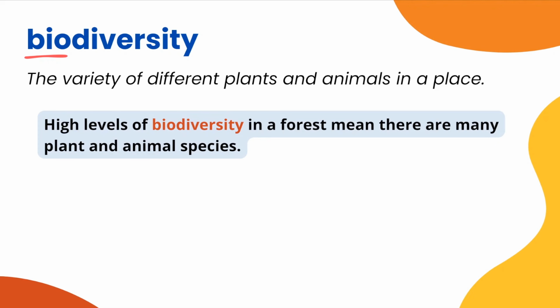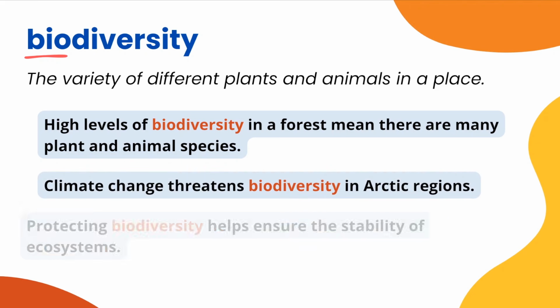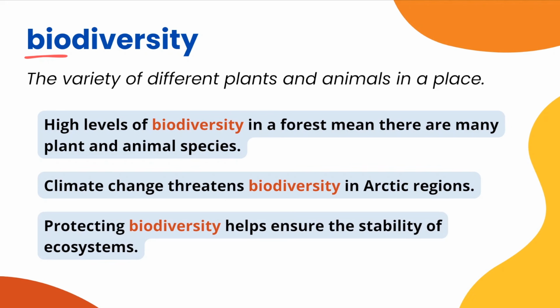High levels of biodiversity in a forest mean there are many plant and animal species. Climate change threatens biodiversity in Arctic regions. Protecting biodiversity helps ensure the stability of ecosystems. So there's the word ecosystem again.